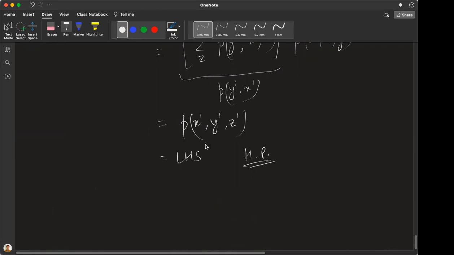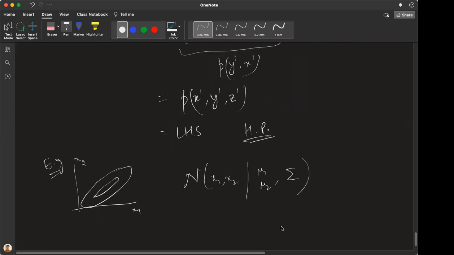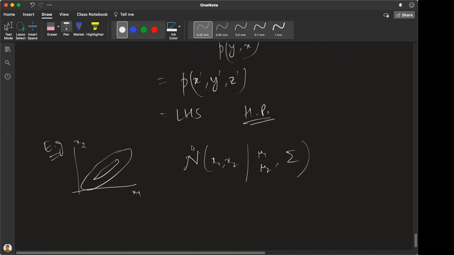To do a demo or to ensure that this actually works, you can take a two-dimensional Gaussian, x1, x2. So you will have a normal x1 comma x2 given some mu1, mu2 comma some covariance matrix. If you want to sample from this distribution, you can construct a Markov chain.